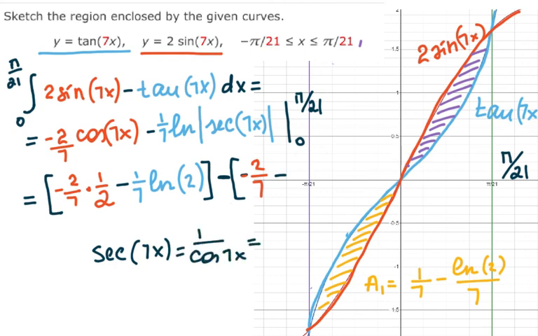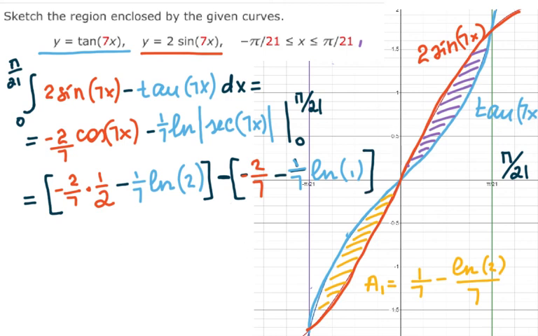And if x is 0, you have 1 over 1, which is just 1. So you will have 1 over 7 in natural logarithm of 1. And natural logarithm of 1 is 0. So because natural log of 1 is 0, 1/7 times 0 gives me a 0. I can drop that term.